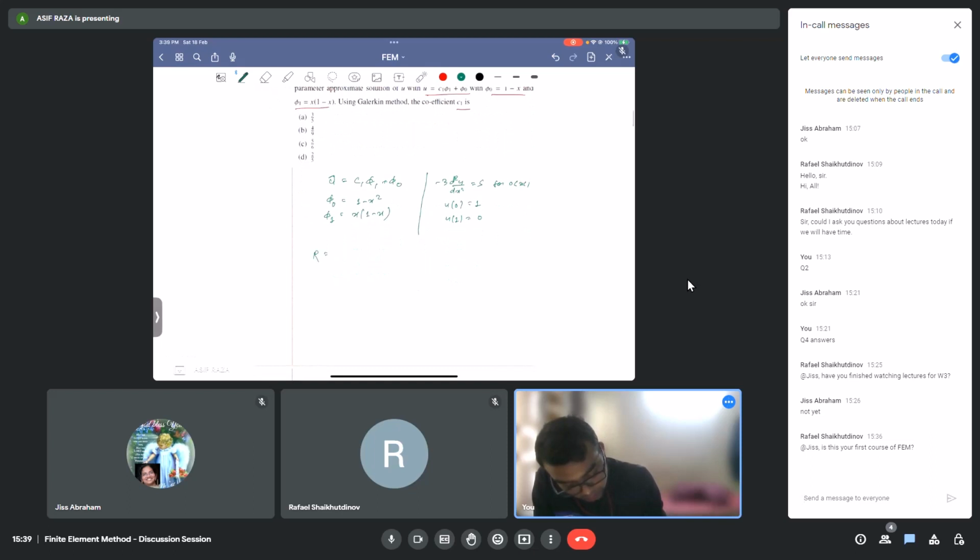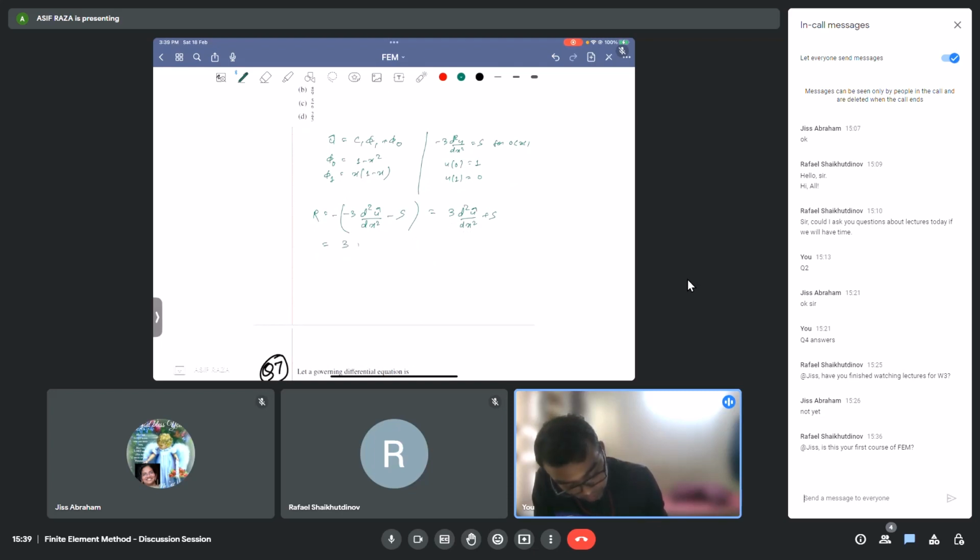So the residue would be what? Minus 3 d square u hat by dx square minus 5, or we can take the negative of this, that is 3 d square u hat by dx square plus 5.